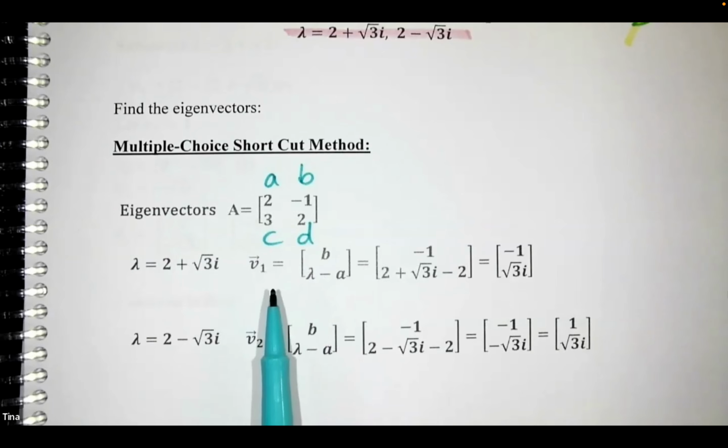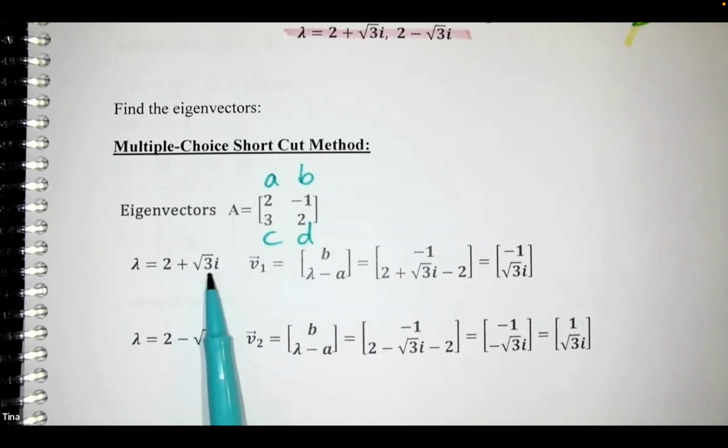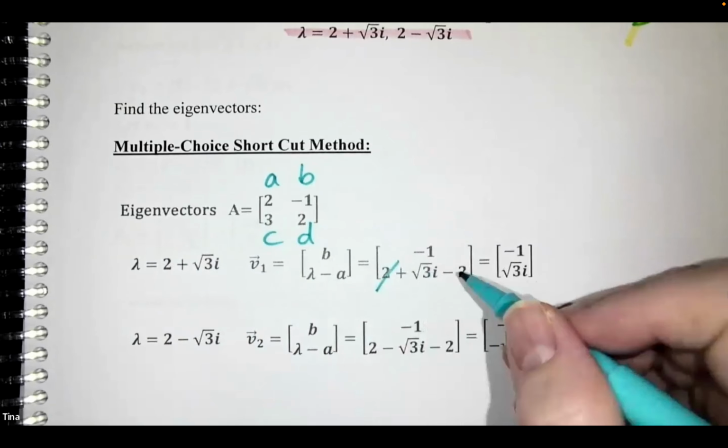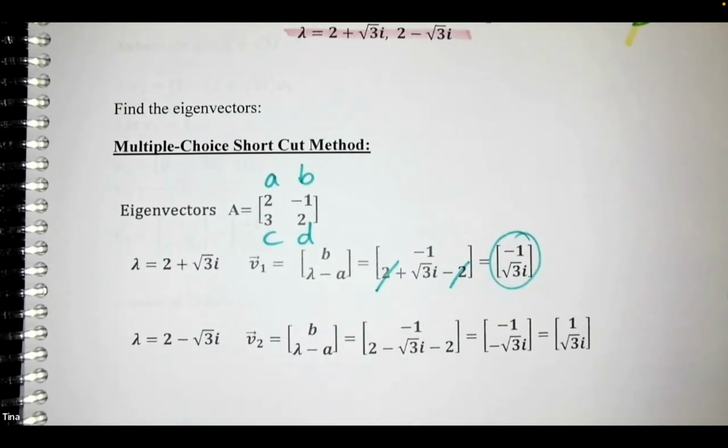If it is, then we switch to the other one. So b is negative 1. Lambda minus a is 2 plus root 3i minus 2. Well, the 2 and negative 2 cancel, and we get negative 1 and root 3i.